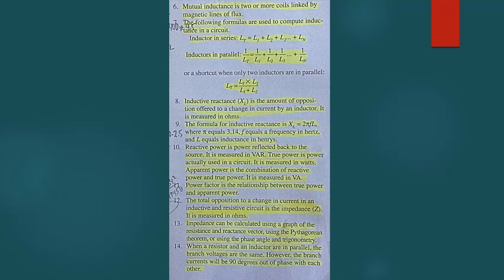Impedance can be calculated using a graph of the resistance and reactance vector, using the Pythagorean theorem, or using the phase angle and trigonometry. Finally, when a resistor and an inductor are in parallel, the branch voltages are the same. However, the branch currents will be 90 degrees out of phase with each other.